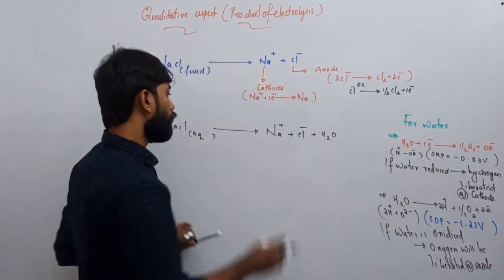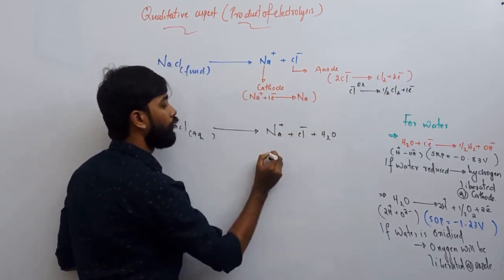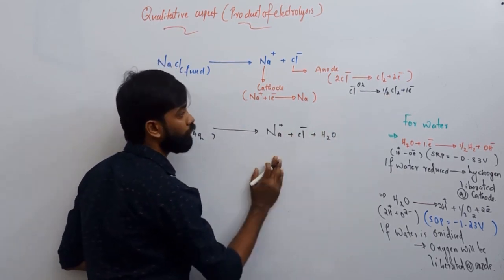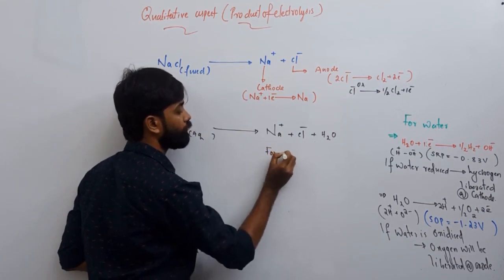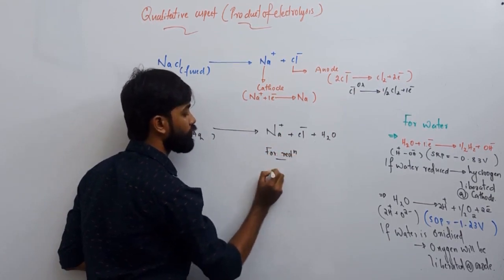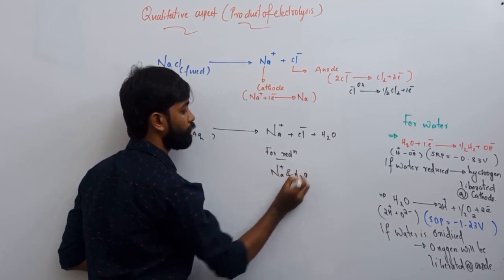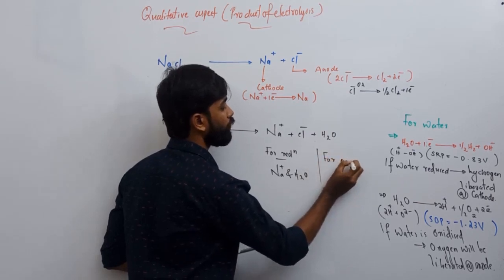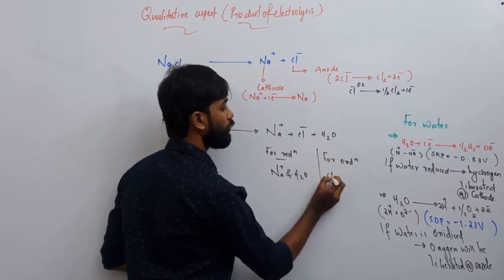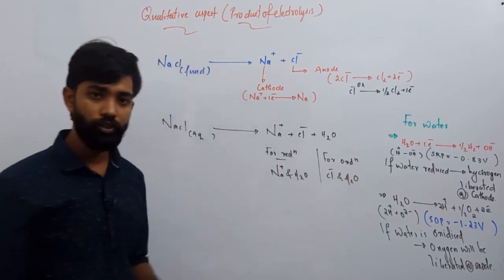Ready? Now there is a controversy. The controversy is that there is a competition for reduction as well as oxidation. For reduction, the competition is between your Na+ and water. Similarly, for oxidation, the competition is between your Cl- and water. Are you okay with this?